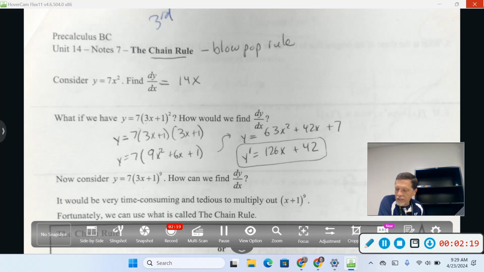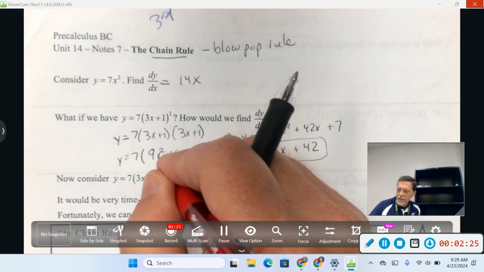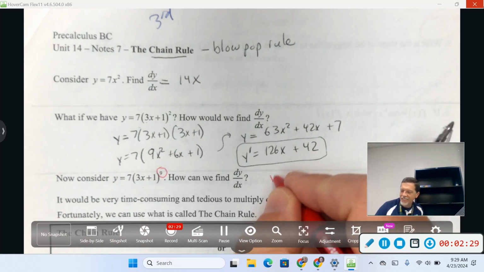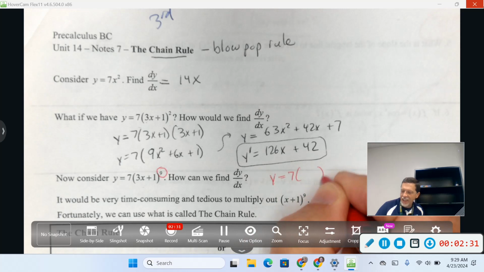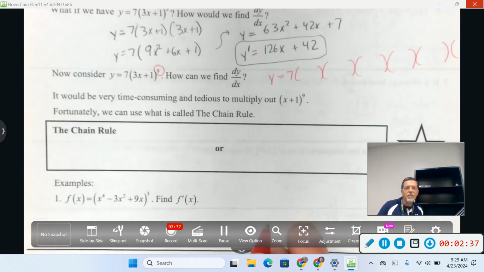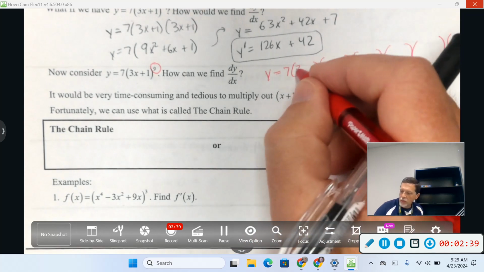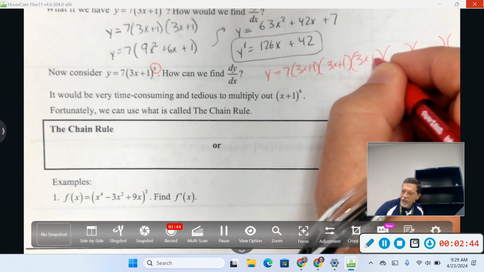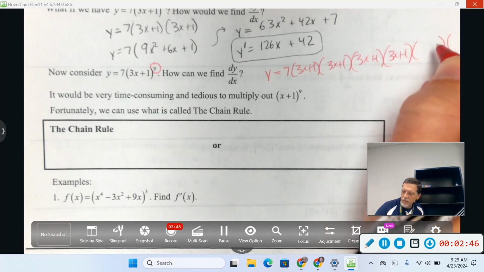But you look at the next one, and it's like, now consider (3x plus 1) to the 9th. Well, how could we find dy dx? I guess the only answer is, we're not going to do this, but this is what you'd have to do, right? Off the page, multiply 3x plus 1 nine times. And of course, you can't really do that all at once.